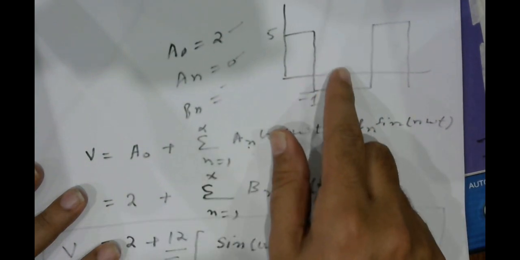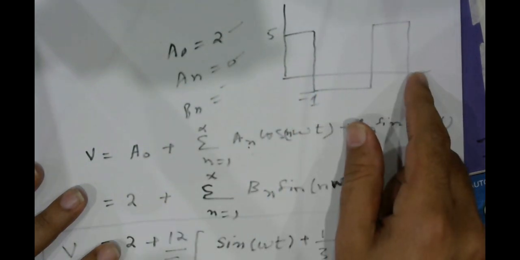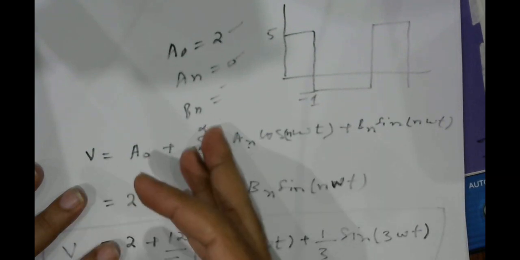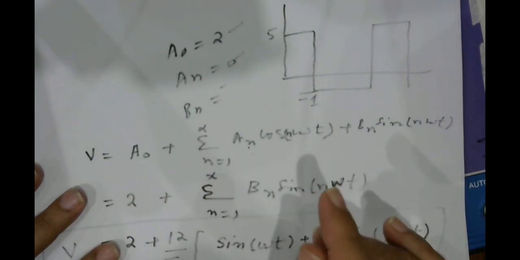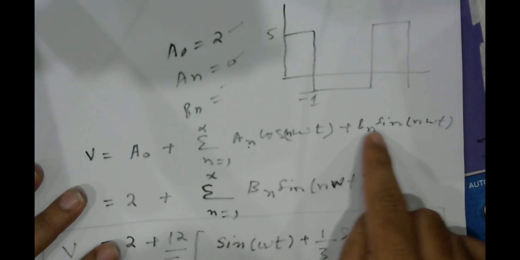How you find a n: this is your function multiplied by cos n omega t, integrated from t to t plus T. Then how you find b n: this is the same integral of f of t, but with sine of this term.